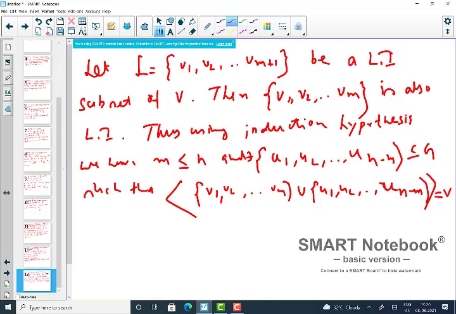The span of that is v. So this is what the induction hypothesis tells you.